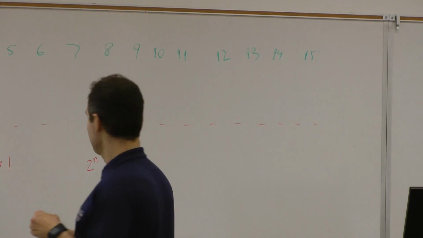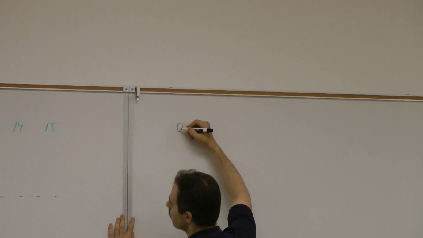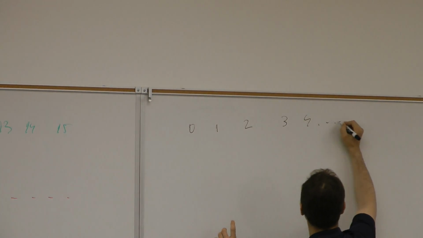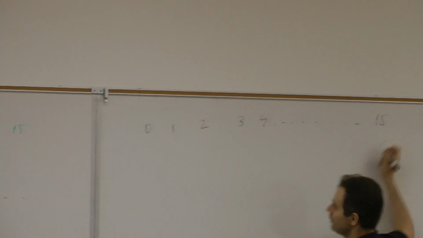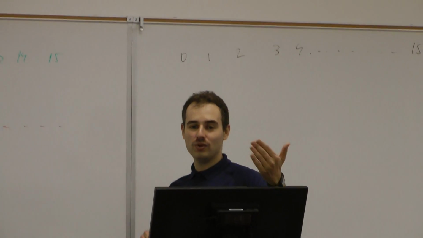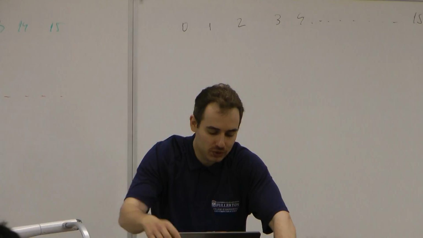Okay? So let's say that you line up all of your text blocks, going from 0, 1, 2, 3, 4, all the way up to 15. And then we need to exchange our key. I need to give you the key. In other words, I need to tell you what maps to what.